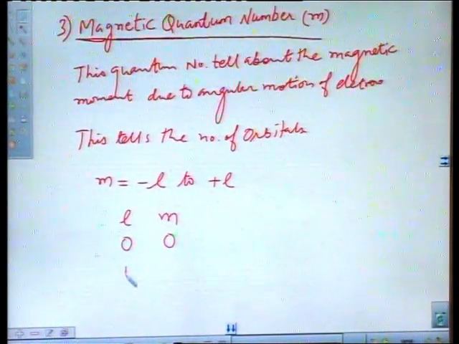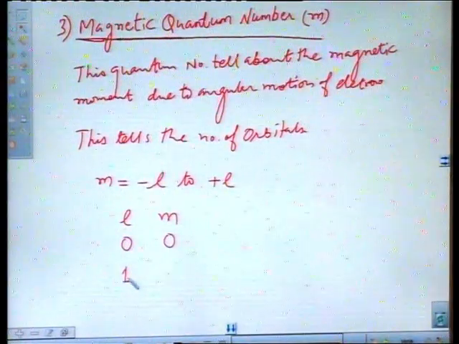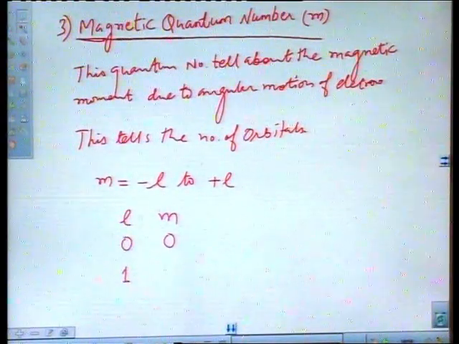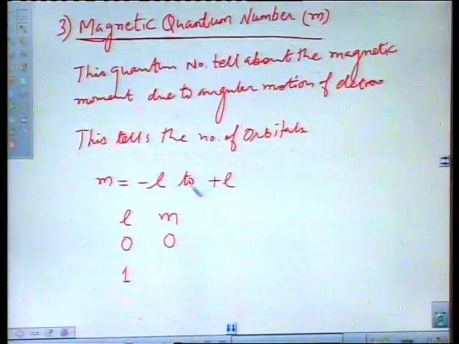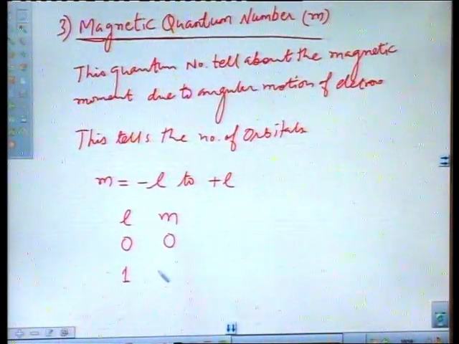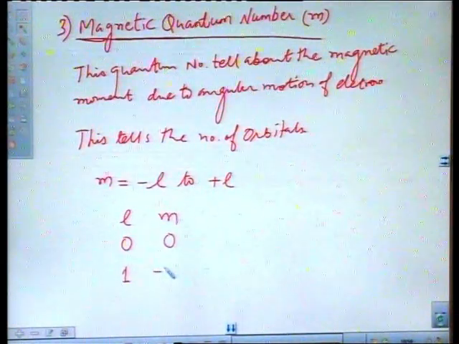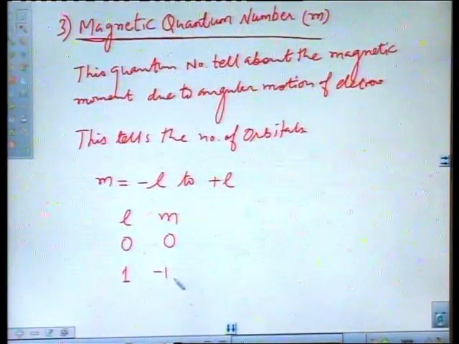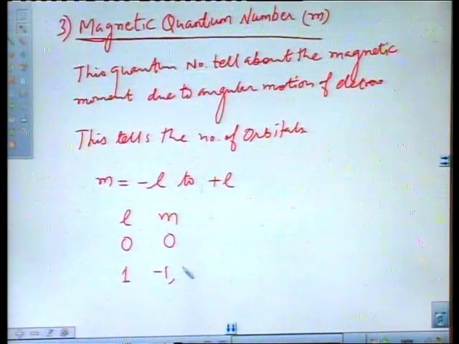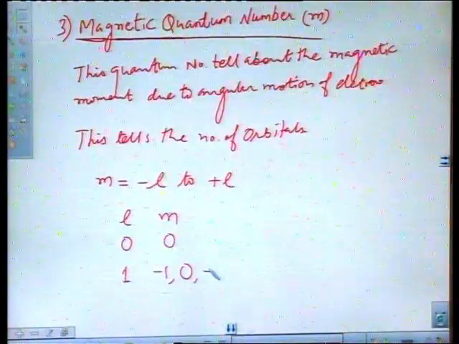If the value of L is 1, the value of m, that is minus L to plus L, is minus 1, 0 and plus 1.